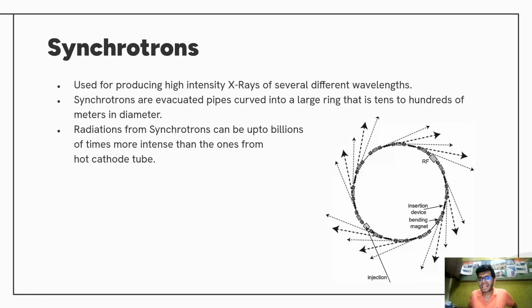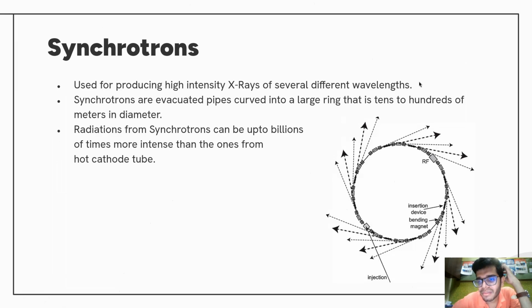They are kind of like particle accelerators. Using different sorts of magnets, the electrons are accelerated, they move around in a circle, and their kinetic energy is increased using magnets.